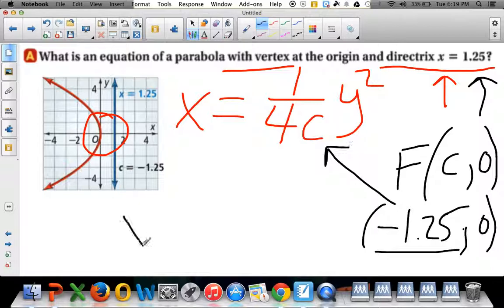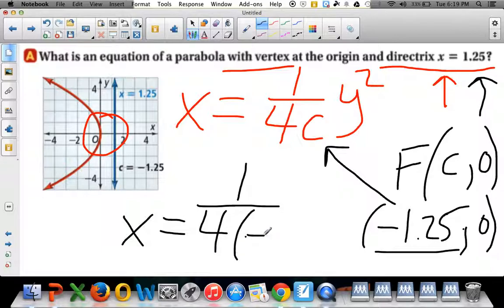So I'm going to have x equals 1/4 times -1.25 times y squared.